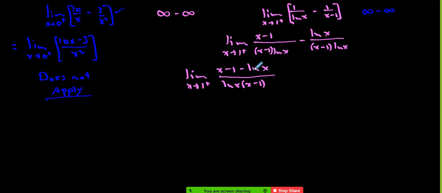Now, if I plug in a 1 up here, notice I get 0 on the top and 0 on the bottom. L'Hopital's rule is going to apply because I've got 0 over 0. Once I get a numerator and denominator, I can see whether I've got infinity over infinity or 0 over 0. In this case, 0 over 0. So now I can differentiate the top.